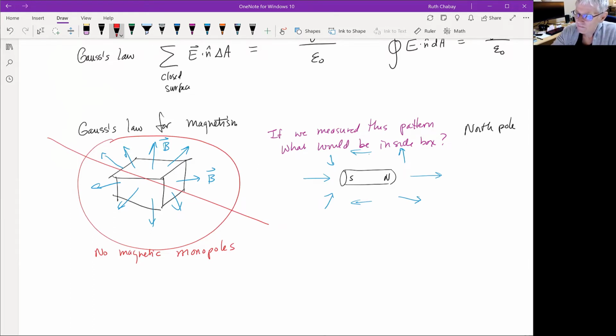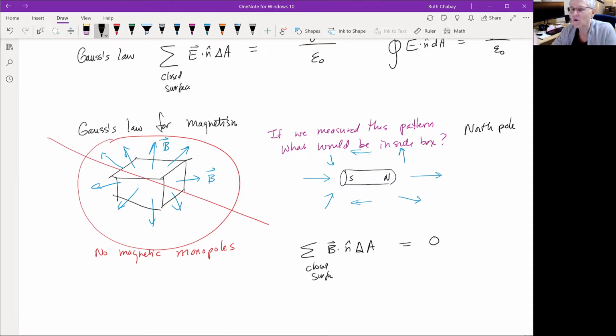And so Gauss's law for magnetism would tell us that the net magnetic flux on a closed surface has to equal 0, because there have to be both north and south poles.